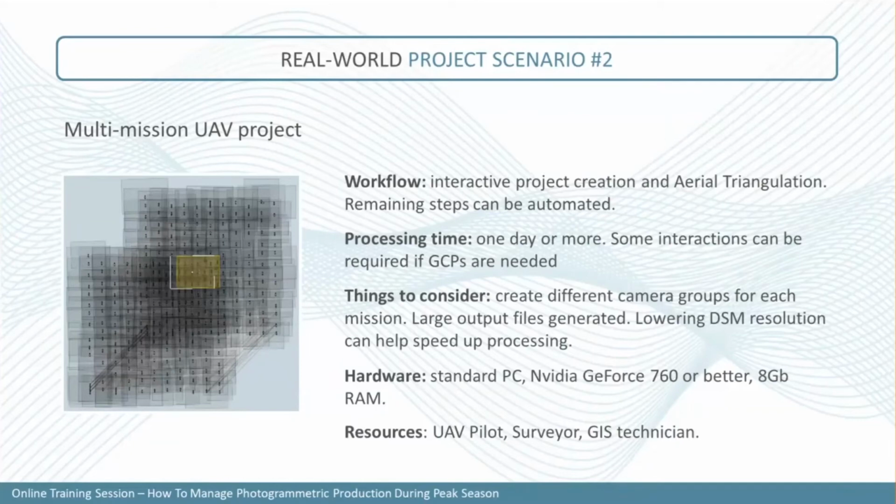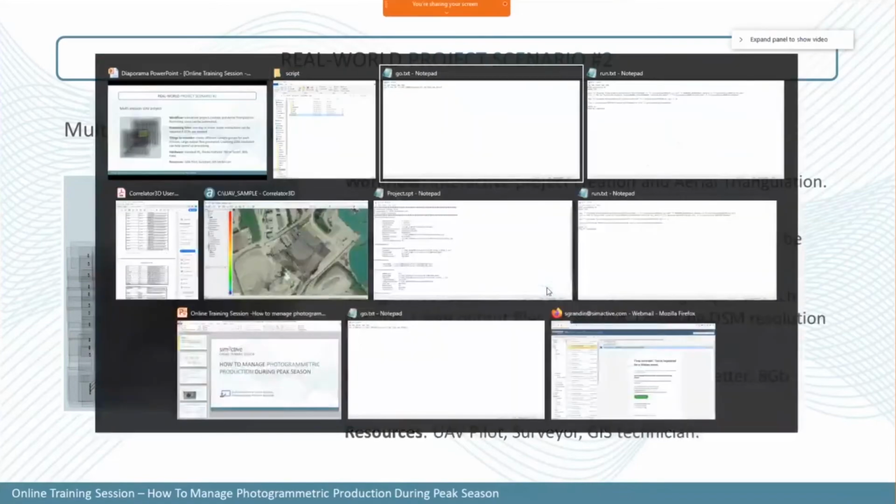You'll have to make sure that you have a good overlap between both blocks of images. From there, you can create group number one for the first flight, and then group number two within the graphical user interface. So when you set up camera groups, it's the first step during the project creation. Let me show it to you here.